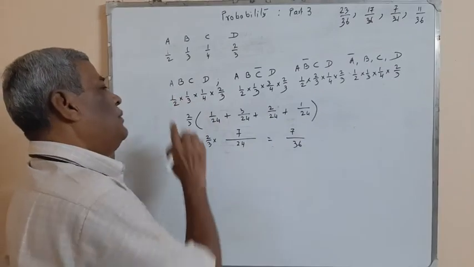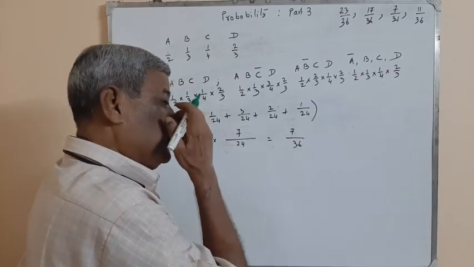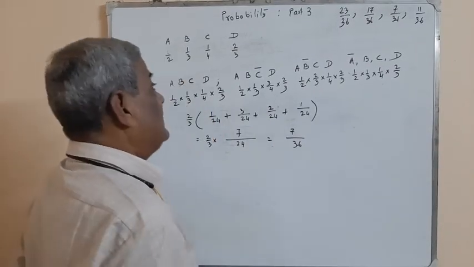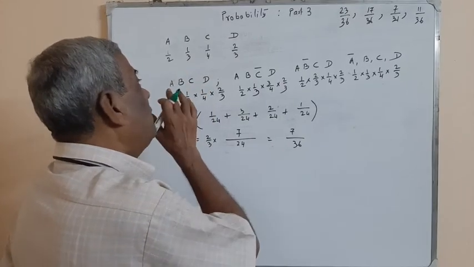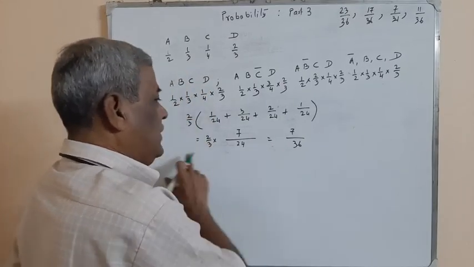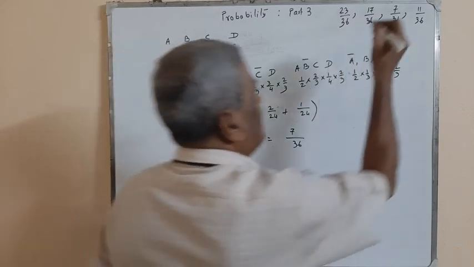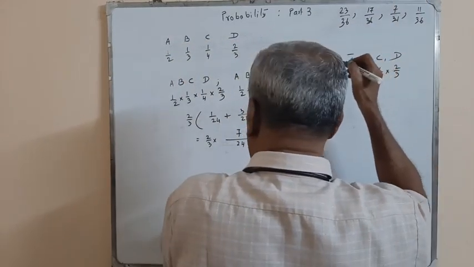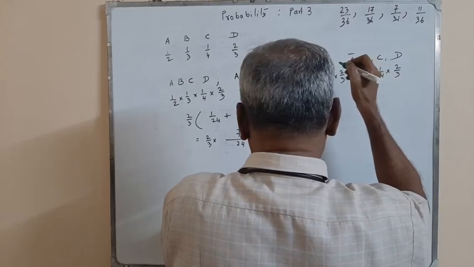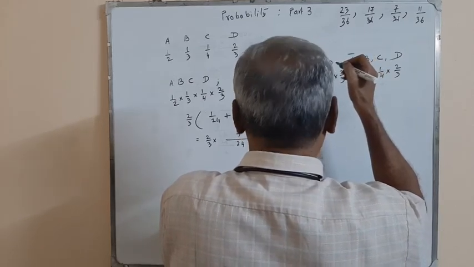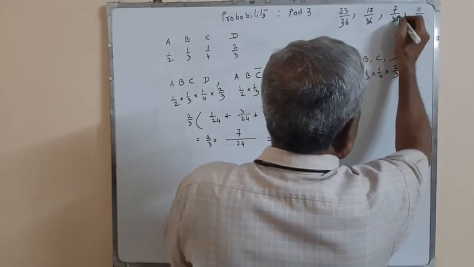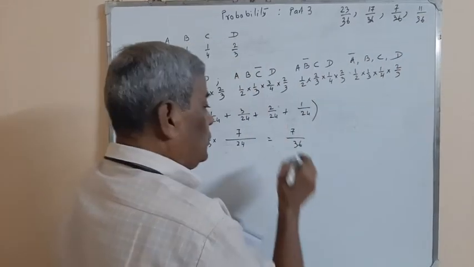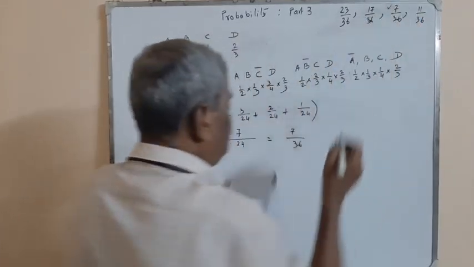And here we calculate that the total probability that a candidate may pass the examination is this, 7 by 36. So third option is 7 by 36. So this is the correct option.